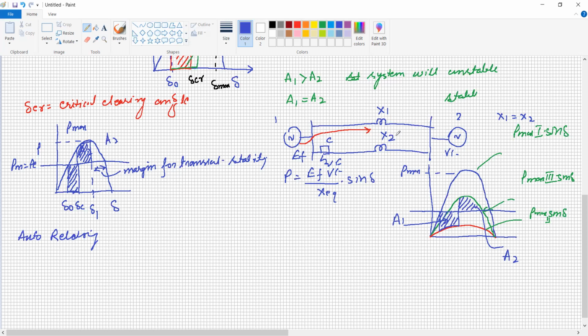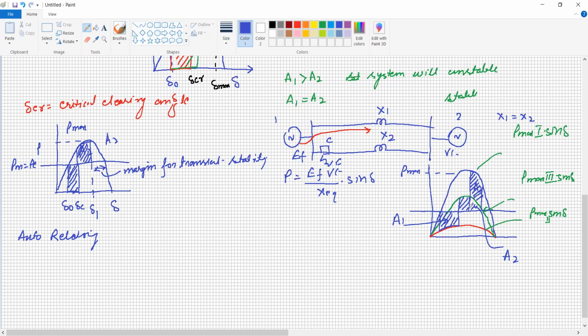So once the circuit breaker closes again, the system reaches its previous condition. Now, suppose it is reaching its previous condition, we will find more area A2 as compared to the previous case. So this is the case.